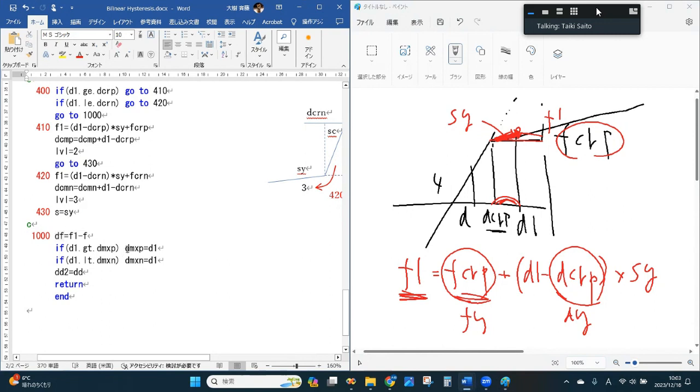And for the maximum, you compare the current displacement with D max P. If the new deformation is greater than D max P, you adopt this new deformation as D max P. And same for the negative side, if the new deformation is less than D max N, you replace D max N with D1. So finally, D max P will be the positive maximum, D max N is the negative maximum.